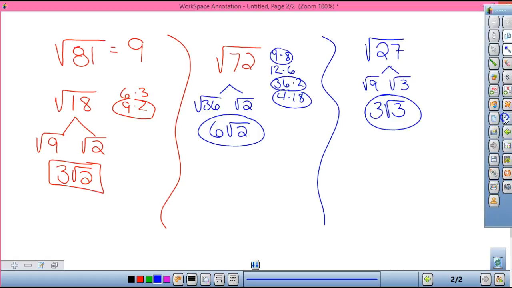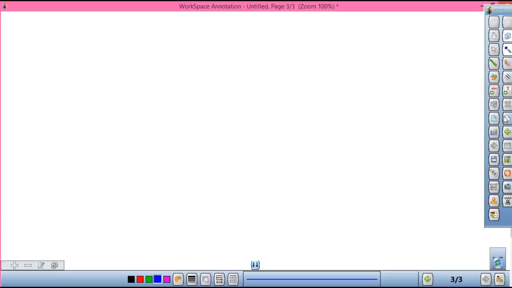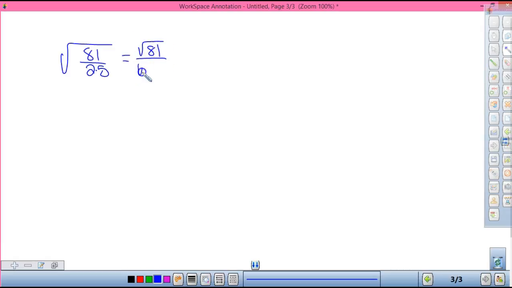Alright, what happens if I have a fraction? What if I have the square root of 81 over 25? Here's the split: square root of 81 over square root of 25. Square root of 81 is 9 over 5. Boom. That's my answer.